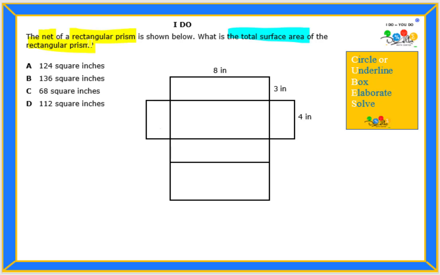So if we have the word rectangular prism, the first name of the prism tells us the shape of the bases. So I'm going to label this a base and this a base.